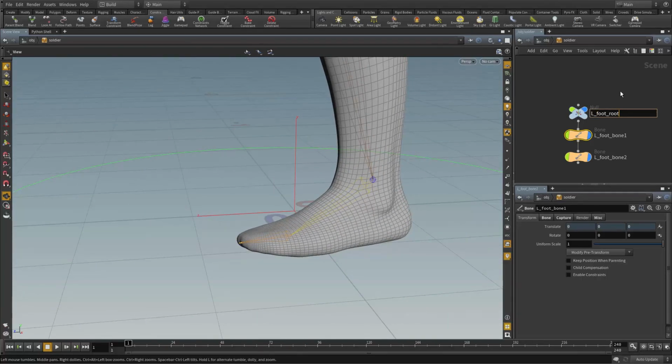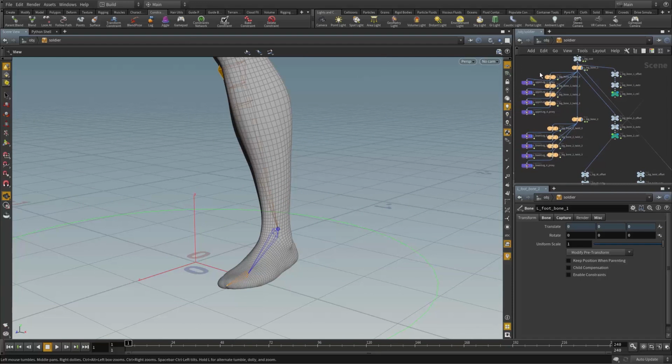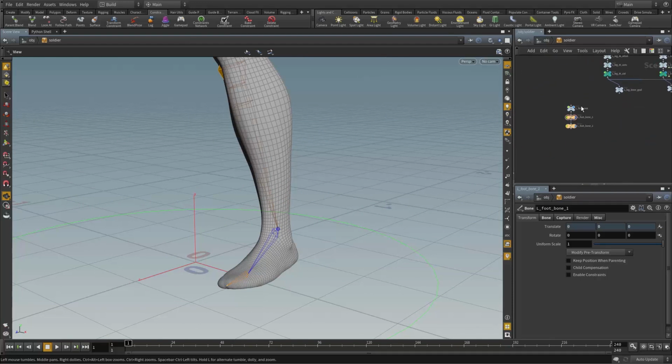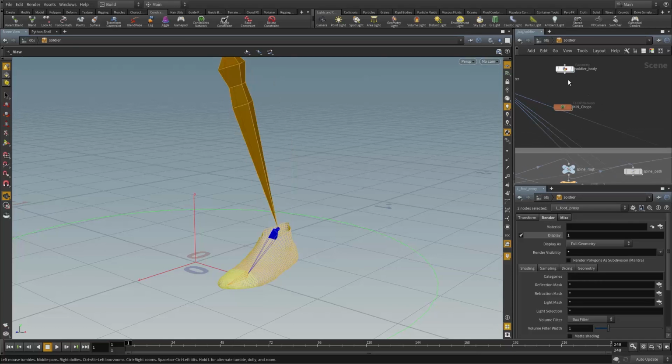So rename these, take off the 1 on each of these nodes, make that a space. And then just as we did with the leg bones, I'm going to add the proxy geometry, and then we'll make FK controls for these. So I have that proxy geometry already built here. Turn off soldier body.